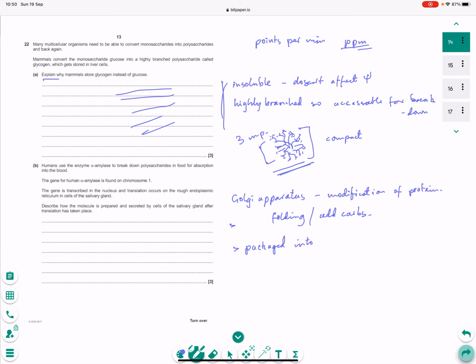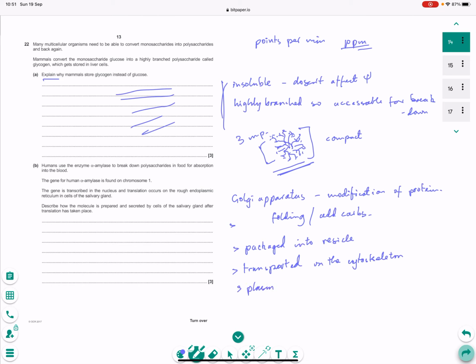And then you'd say into a vesicle. This being a little membrane-bound sphere. And then it'll be transported, and then say how it's transported. It's on the cytoskeleton. Just keep it brief. And then to plasma membrane.